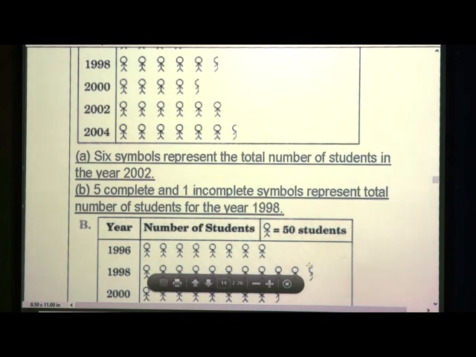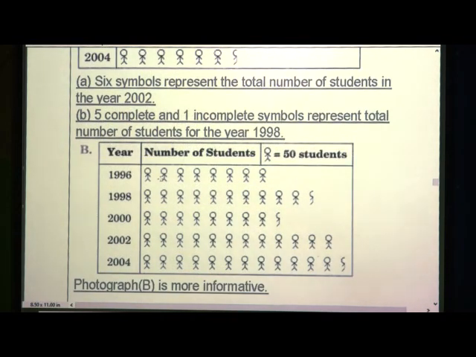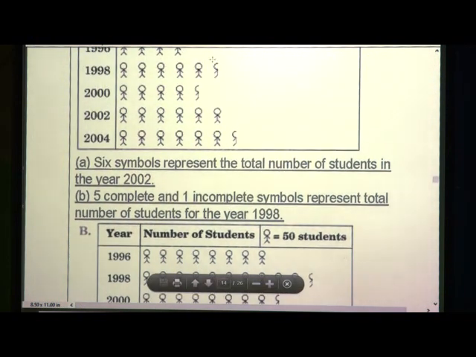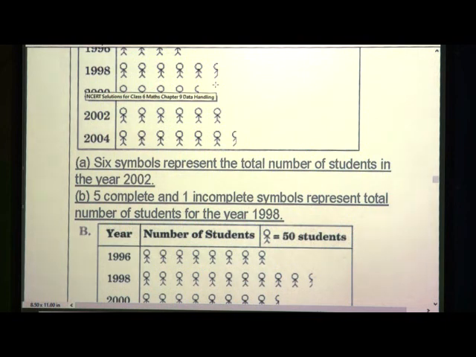So table B gives a near about number of students in 1998, but here it is difficult for us to understand whether it is 550, more than 550 or less than 550.